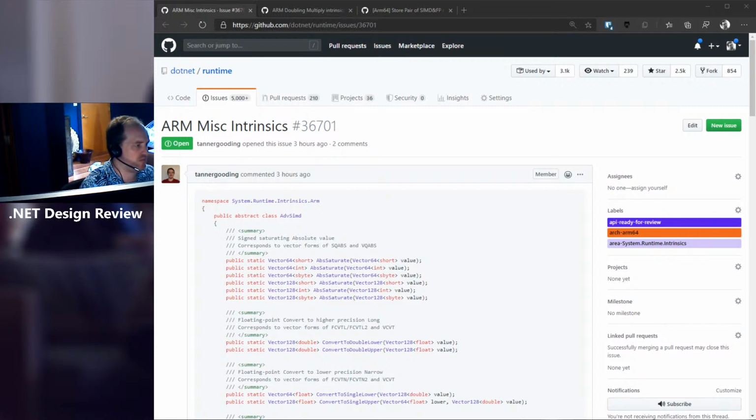No, just the... And I wouldn't want a postfix. That would imply you're only reading the lower 32 element. Okay. So it would be convert to double taking vector 64, and that returns vector 128.